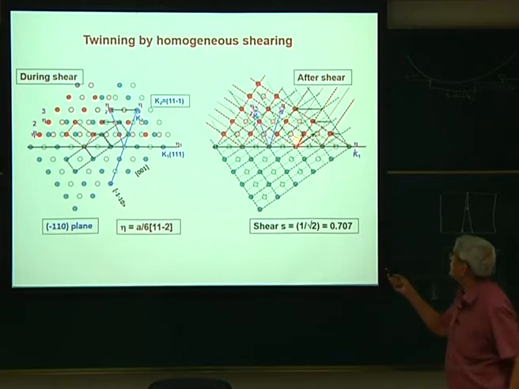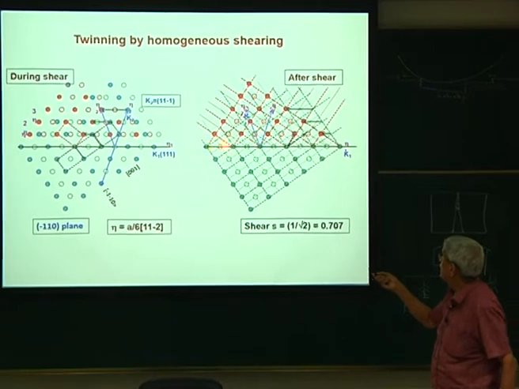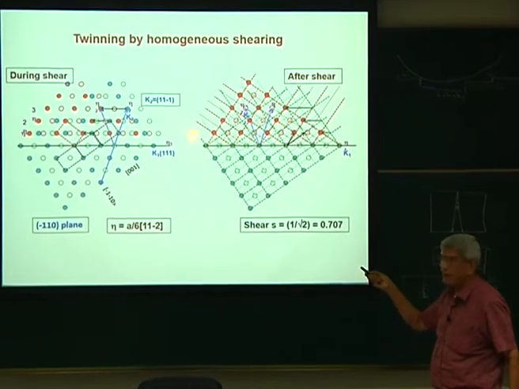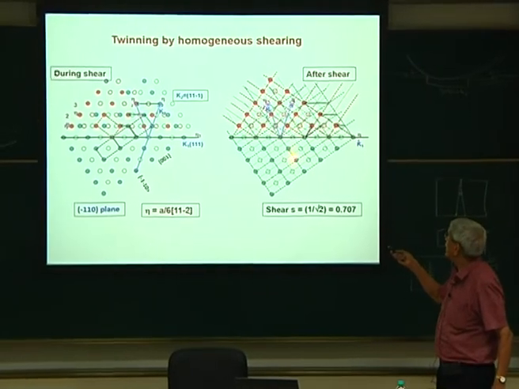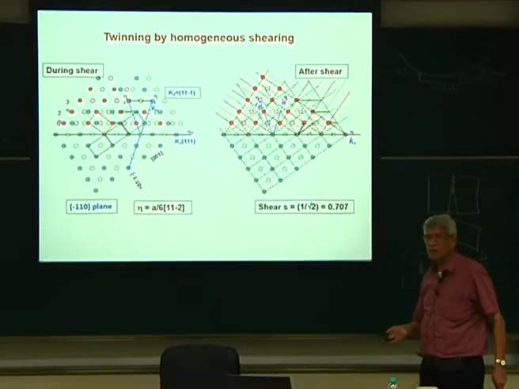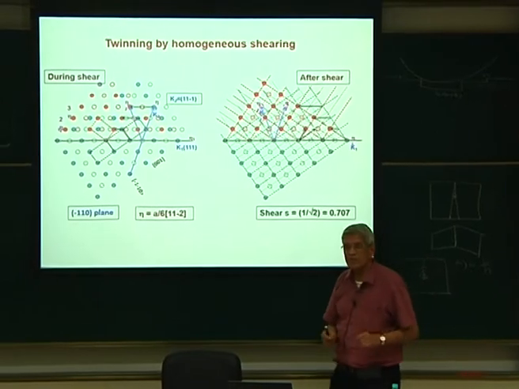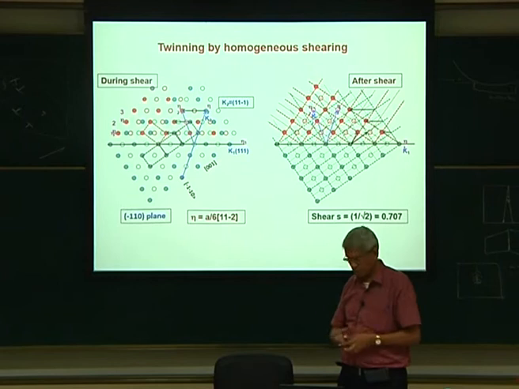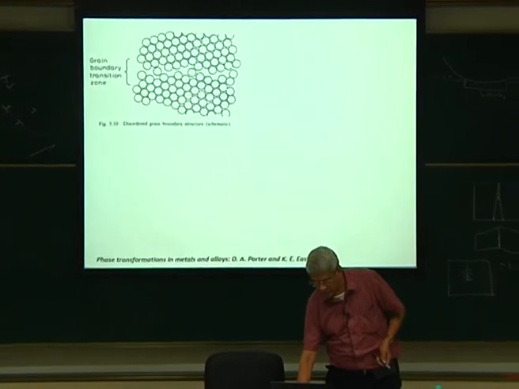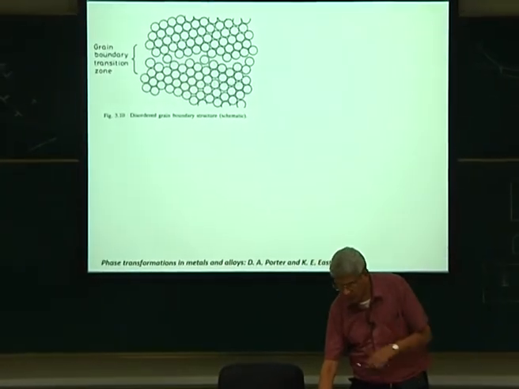With this shear vector, atoms will be shifted, and this plane we call the composition plane or the coherent twin plane, and this is a mirror image of the other. The effect of this will be seen in the diffraction also. That is how we identify the twins. I will come to that.